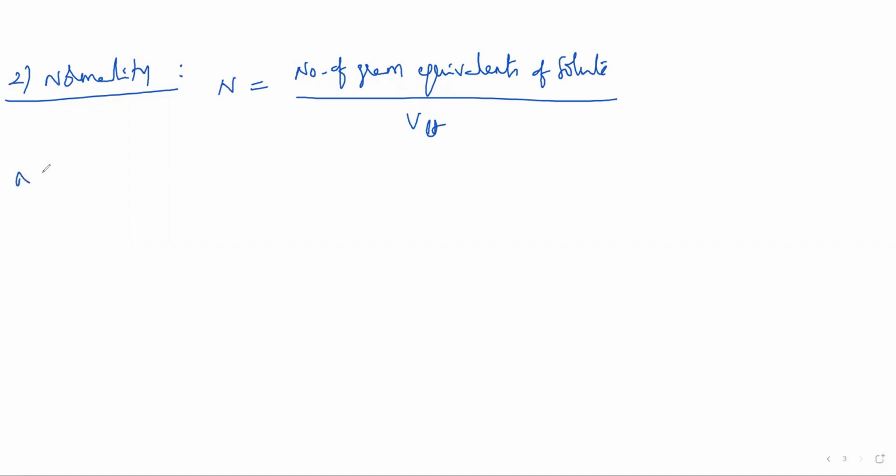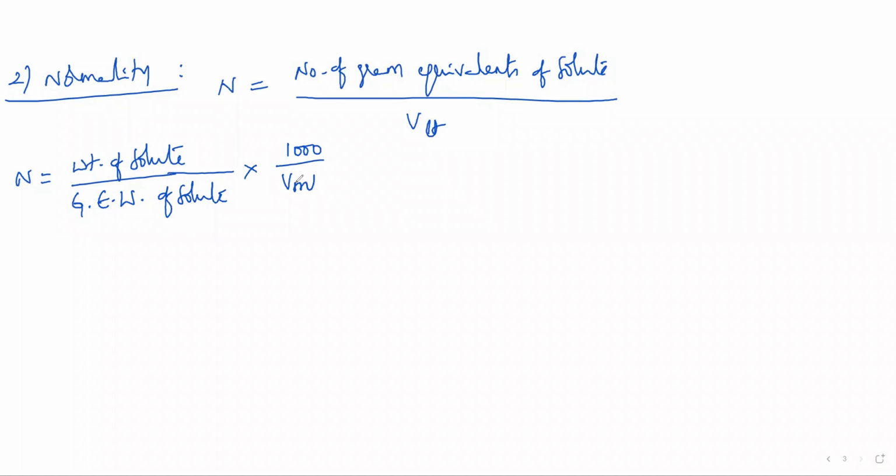Then the full form of normality: weight of solute by gram equivalent weight of solute into 1000 by volume in milliliters, or normality is given by X into density into 10 by gram equivalent weight of solute.